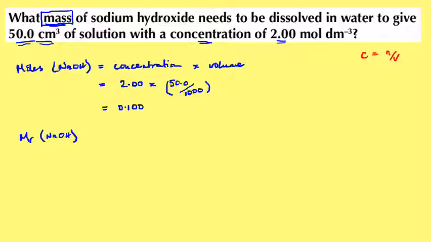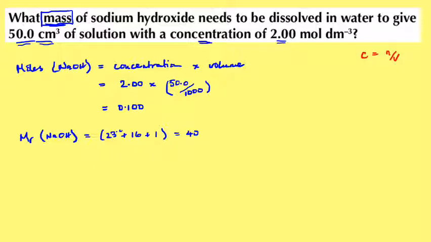So we can write that like that, and then we have to refer to our periodic table, and we're going to add up the atomic masses. Sodium, 23, and you look at your periodic table for your atomic mass of oxygen, of course 16, and hydrogen, let's say it's 1, and you add those up and you're going to get 40.